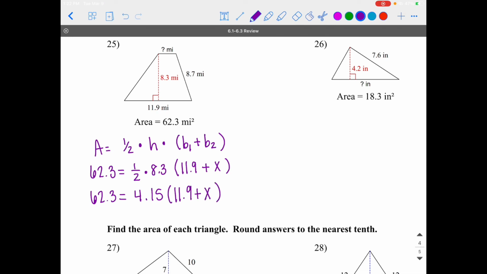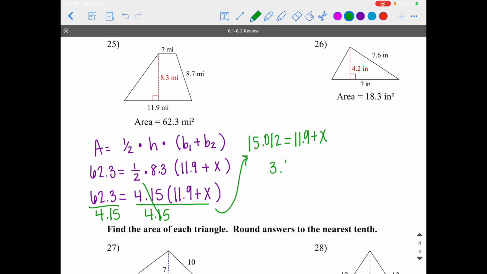Okay. And then I could divide both sides by 4.15. And we get 15.012 equals 11.9 plus x. And then if we subtract 11.9, we get 3.11 equals x.